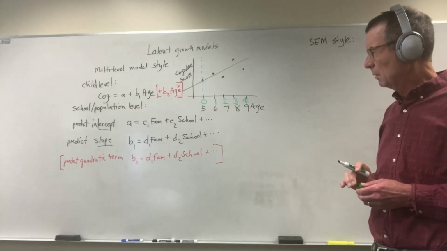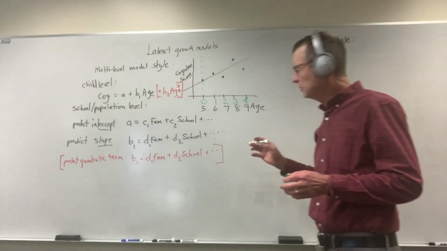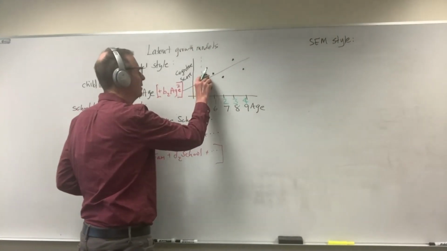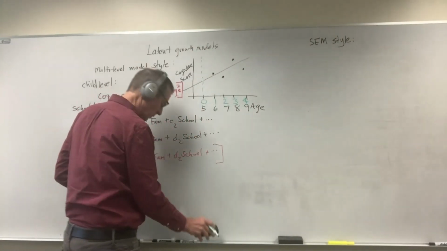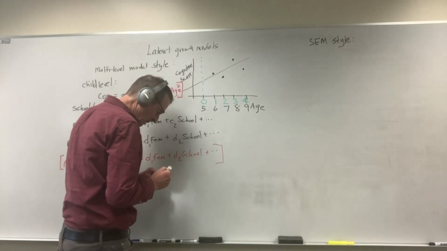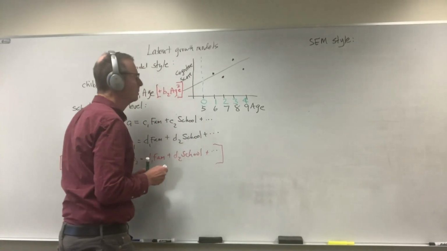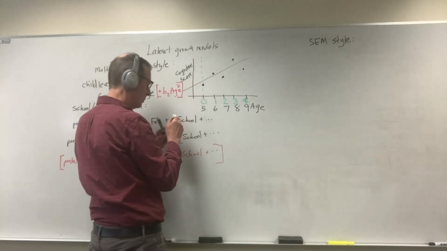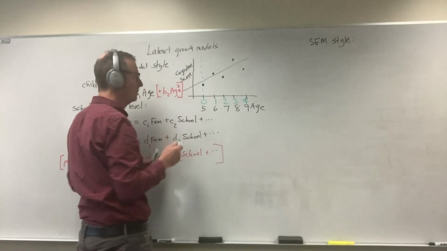Okay, so we fit this equation and we get an intercept. You know, let's suppose I made this actual point too close to the line. Let's suppose that the first point was down here. So that's the cognitive score associated with age 5.